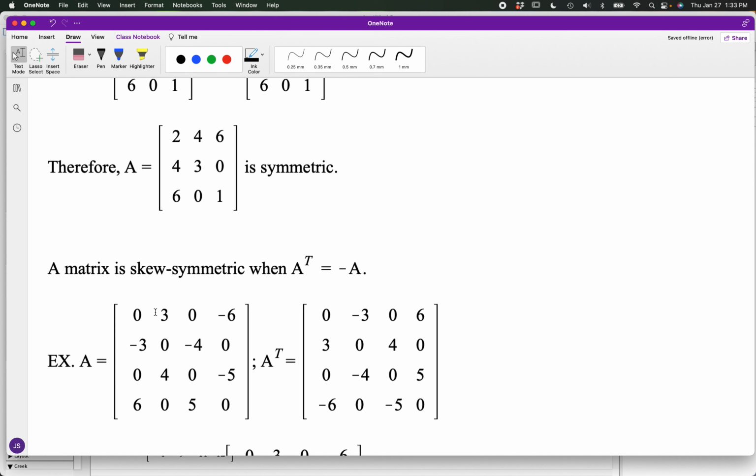And if I take the transpose, first row, first column, we get 0, -3, 0, 6, 3, 0, 4, 0, and so on, ending with 0, -5, 0.